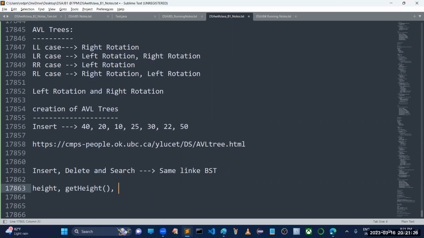After that, rotations: a left rotation method and a right rotation method, and a get balance factor method. We will discuss these methods in tomorrow's session. Tomorrow I will try to finish the AVL tree program, and with that AVL trees will be finished. So don't miss the class tomorrow because we are going to get a big program.